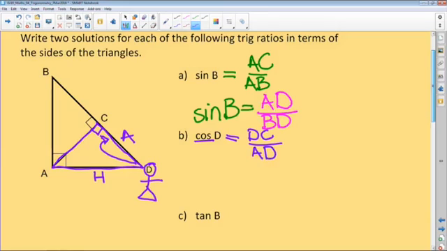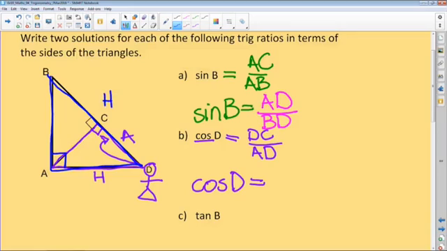Let's do cos D in a different triangle. Now this different triangle is going to be the bigger triangle, so let's draw it in blue. And of course, the right angle in the other triangle is over there. So let's put the hypotenuse there.